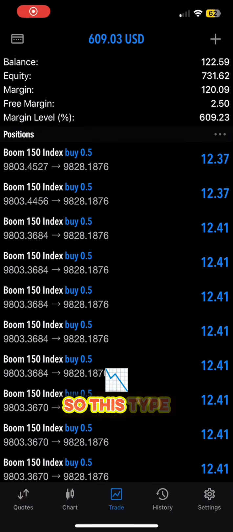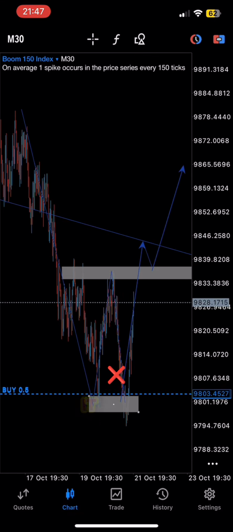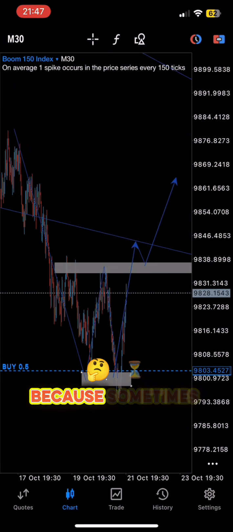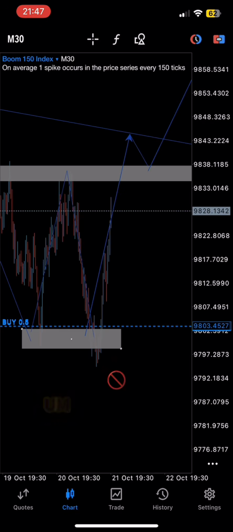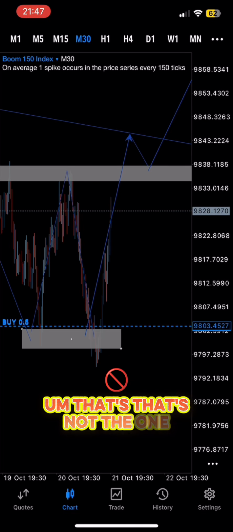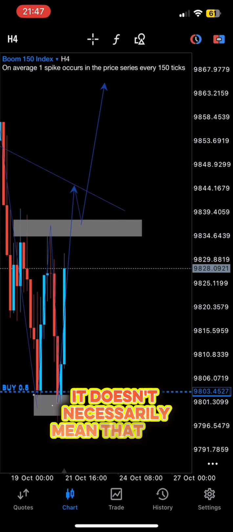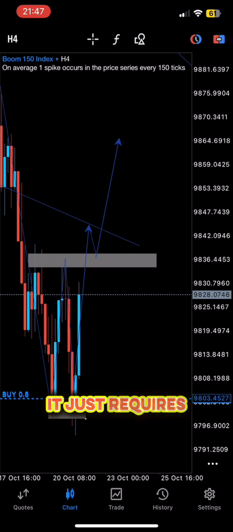This type of chart moves in spikes and ticks, so it is not very favorable to keep checking it, because sometimes it can go in a different direction than the one you predicted. But that doesn't necessarily mean that you are wrong. It just requires patience.